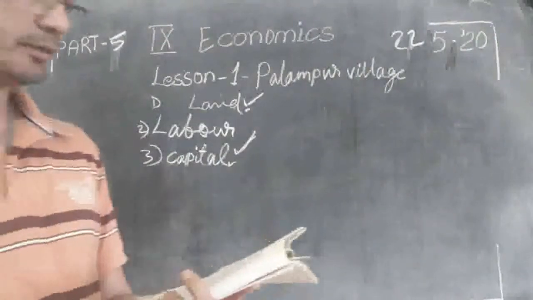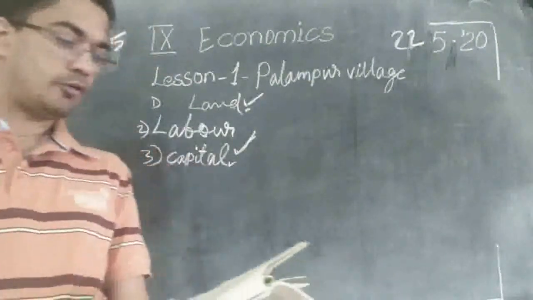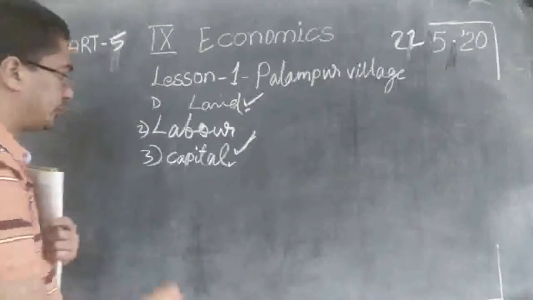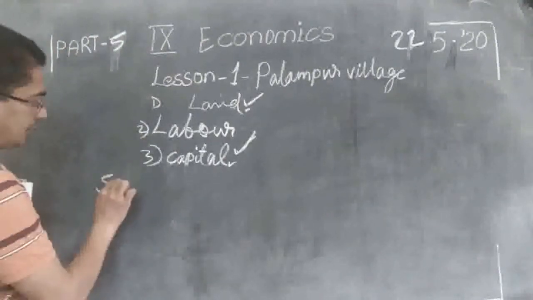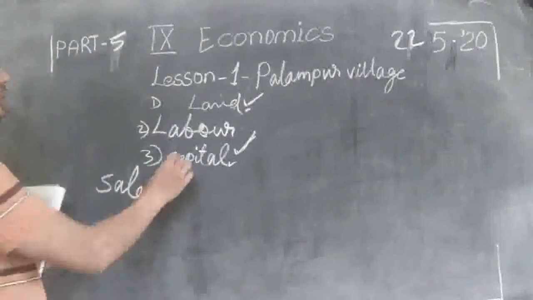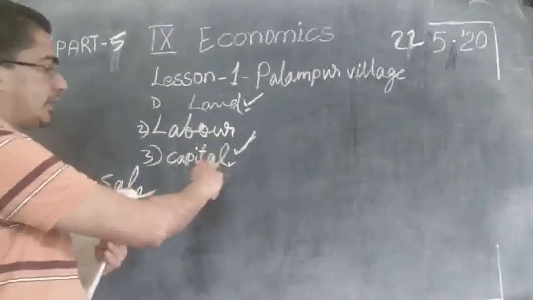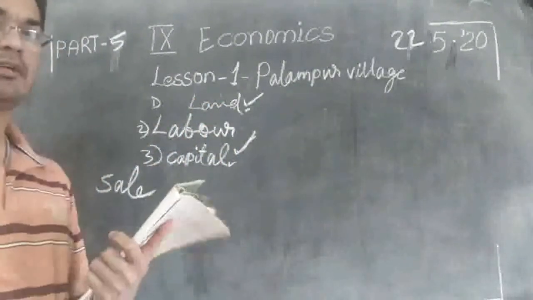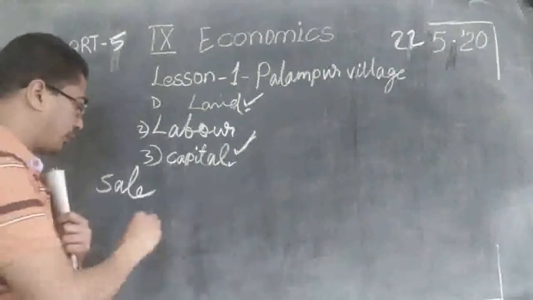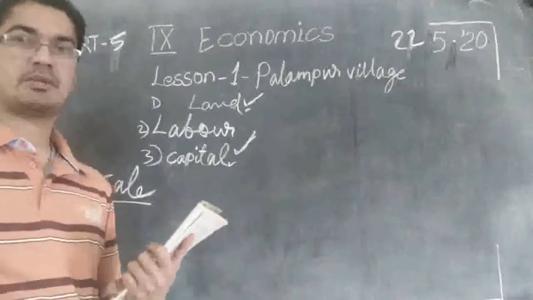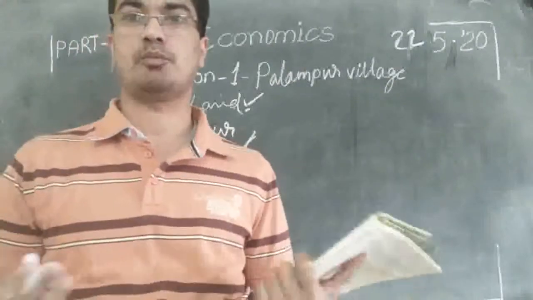So now let us see the sale of surplus farm products. How do the farmers do the sale? We have used land, labor and capital to produce, and after the harvest some may be sold. There may be surplus products. Surplus means extra, more than what I need.